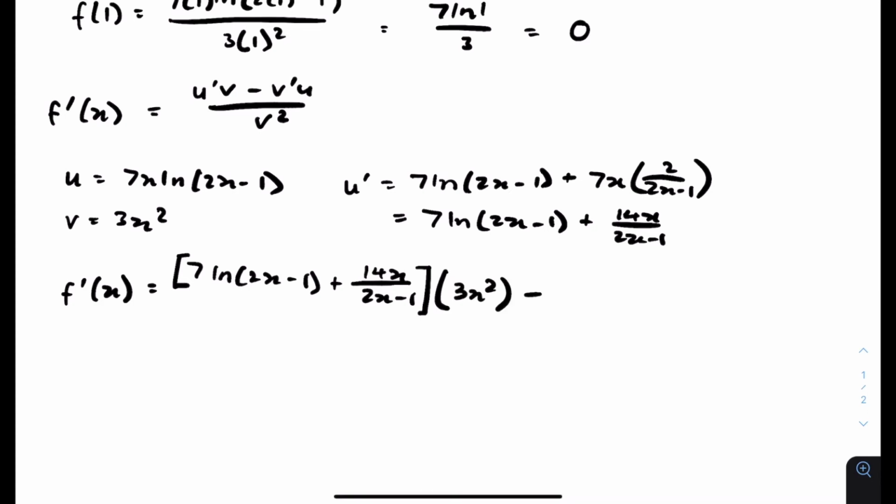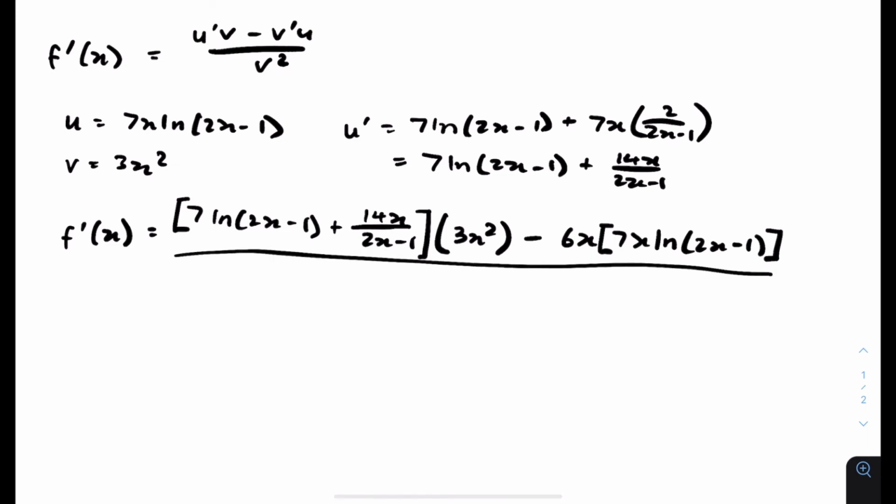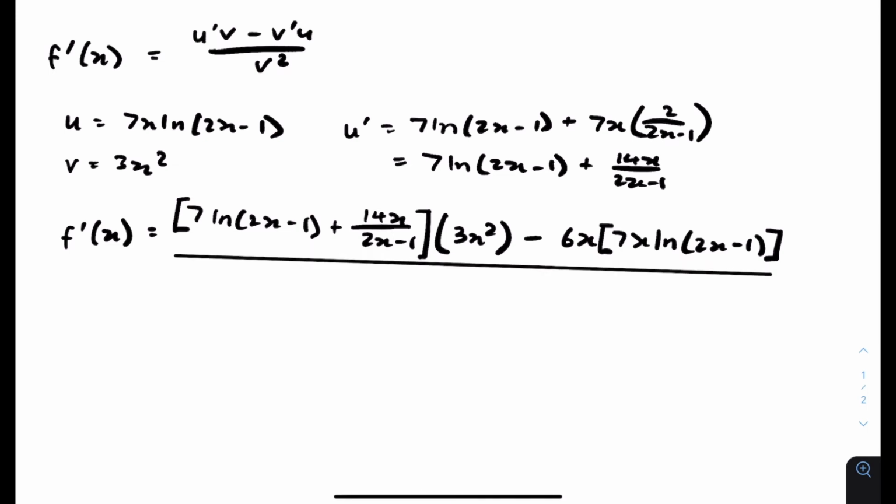That's subtracted from the derivative of v, which is 6x, times, and then we use square brackets again, 7x ln of 2x minus 1. Now our denominator is equal to 3x squared, squared. And when we do that, that becomes 9x to the power of 4.